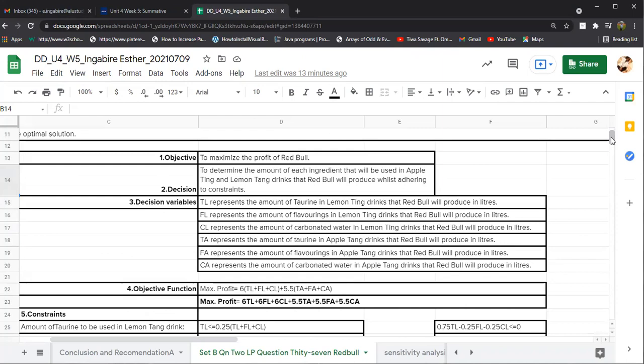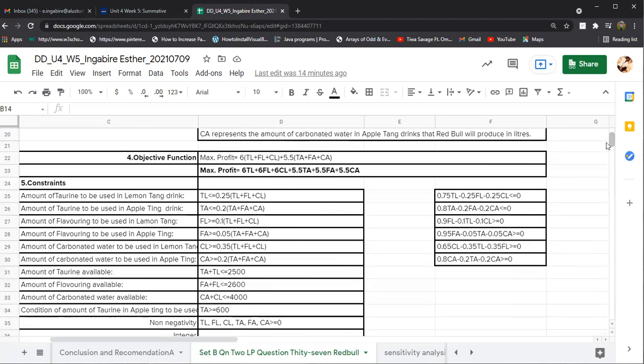Going down, the objective function: the unit profit of lemon drink was $6, and the unit profit for the apple drink was 5.5.